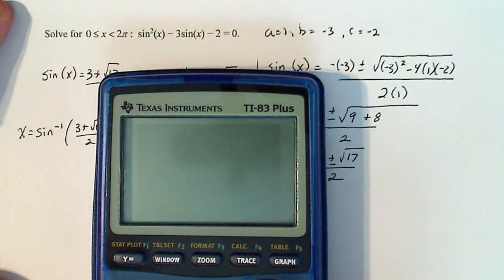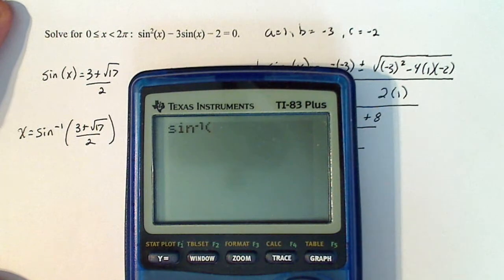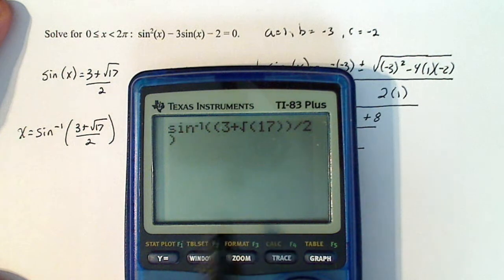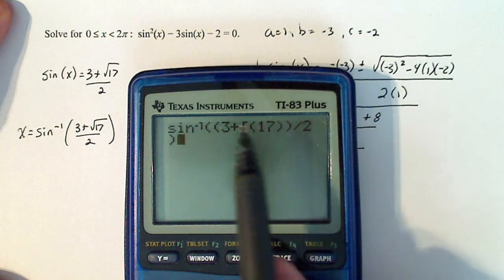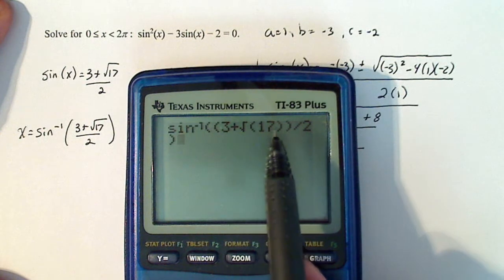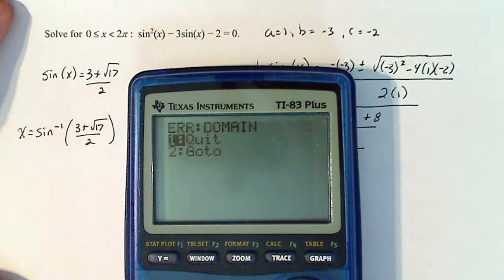And I'm going to do the sine inverse of 3 plus the square root of 17, divided by 2. Now make sure your parentheses are okay. The numerator has to be all in parentheses in and of itself, so we should be okay.